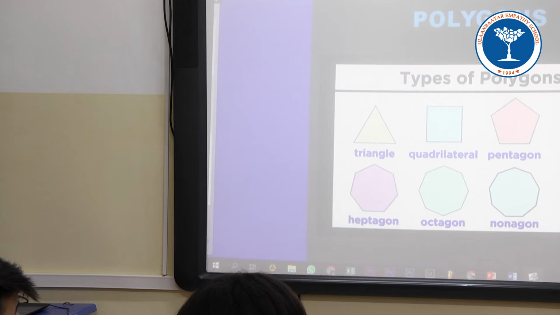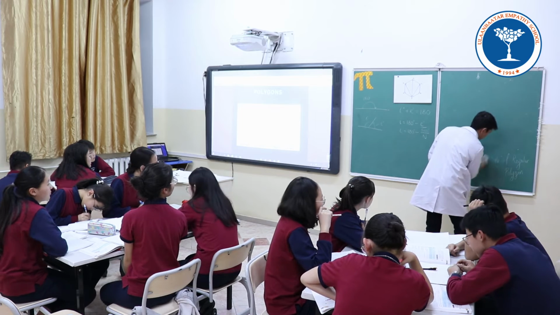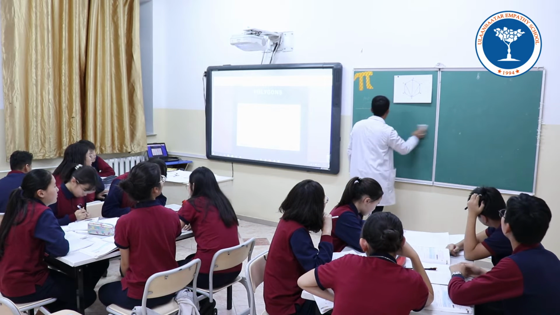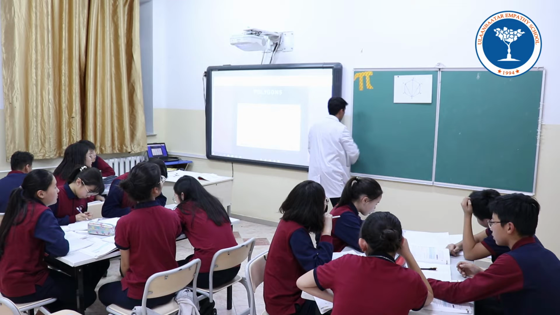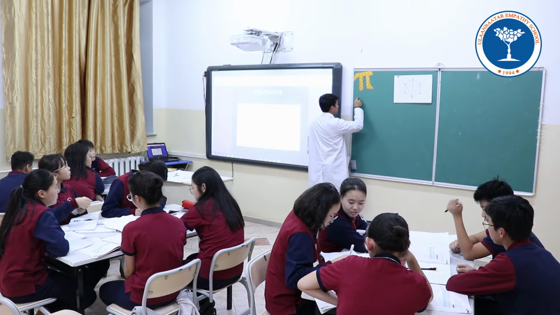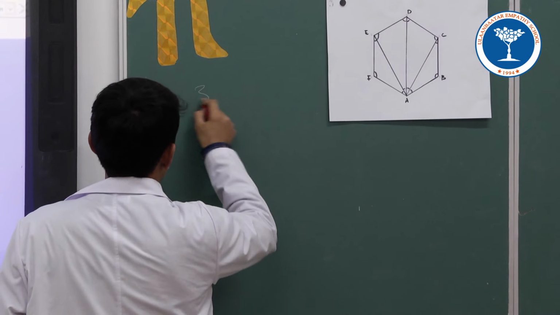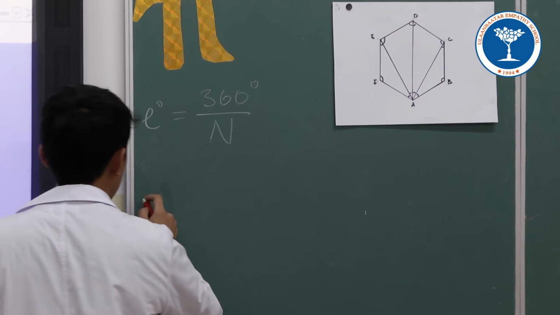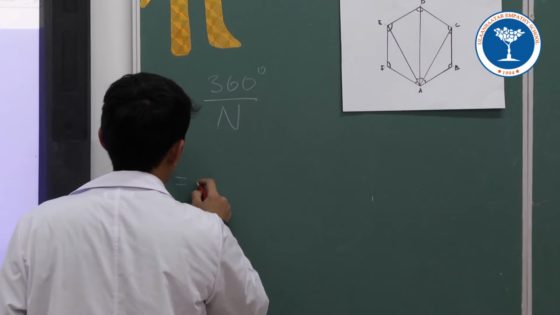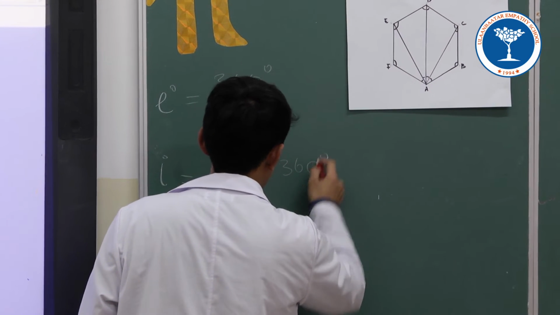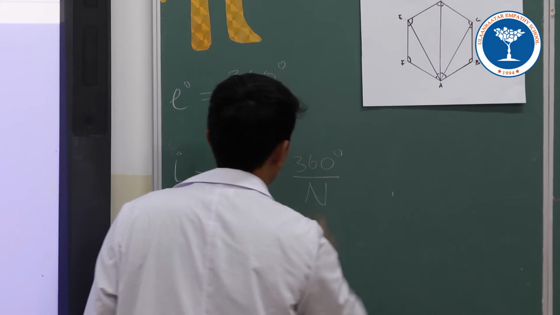Now, let's clean the board. The board is very small. Now, let's write our formulas. Exterior angle is equal to 360 degrees divided by number of sides, yes? Now, interior angle is equal to 180 degrees minus 360 divided by n, okay?